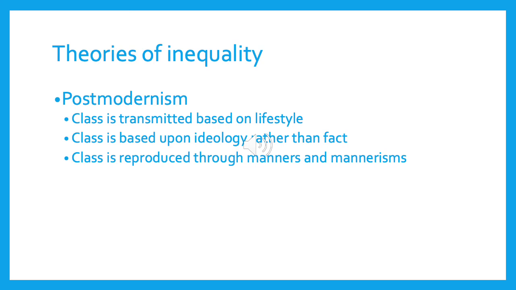Where manners are the ways in which we act and interact with others, our mannerisms are our ways of behaving unconsciously. So, how we speak, how we gesture, how we behave ourselves. Our habits are the things we routinely do, and our habitus is how we routinely portray ourselves.